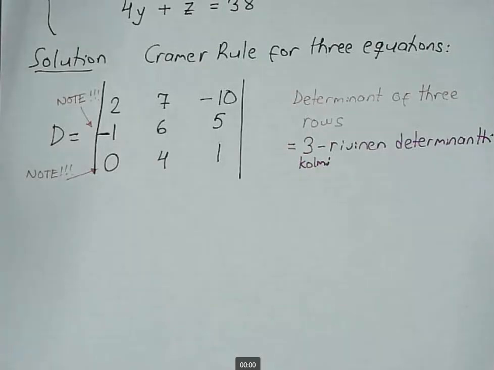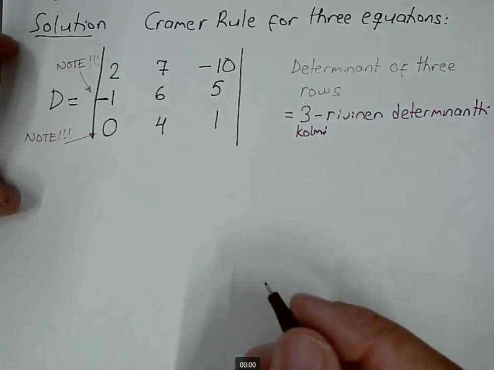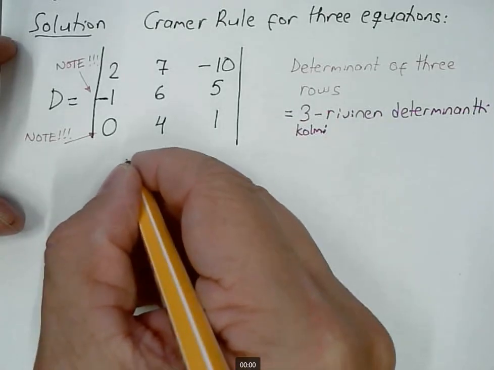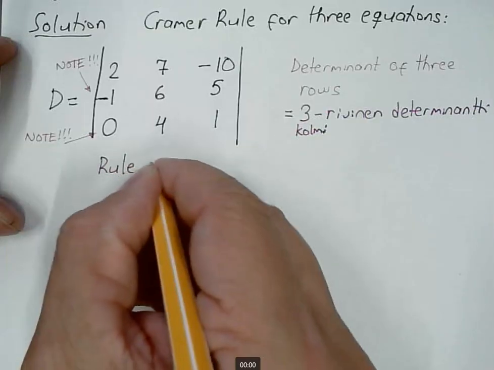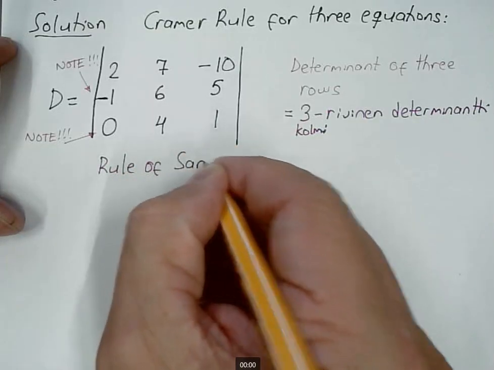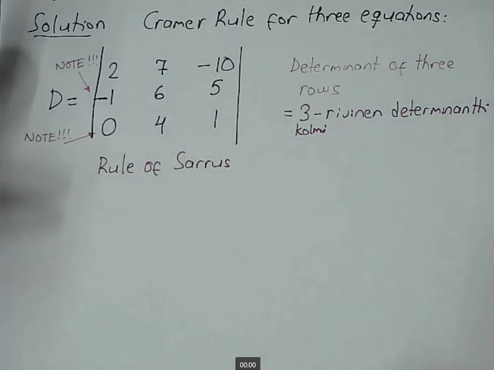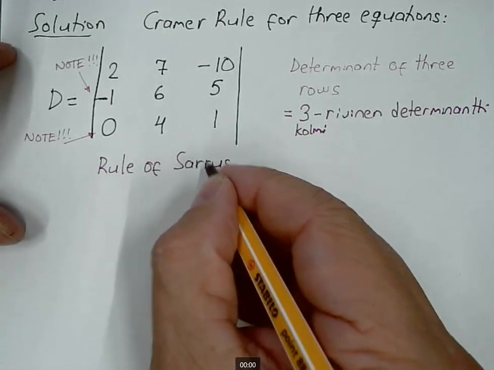I will use another way to solve the value of the determinant of 3 rows, and it is called the rule of Sarrus. I think he was probably a French mathematician.